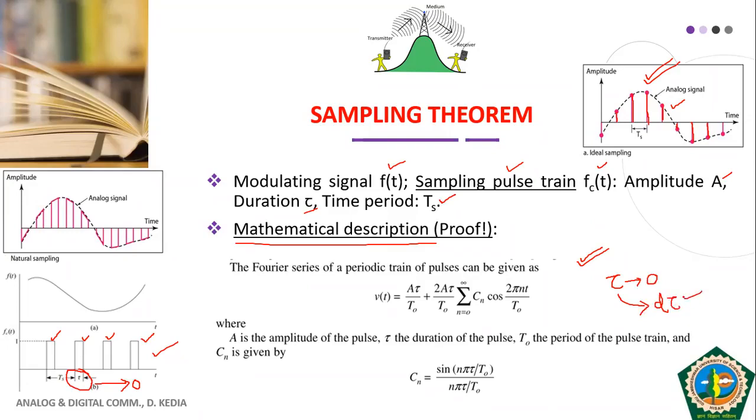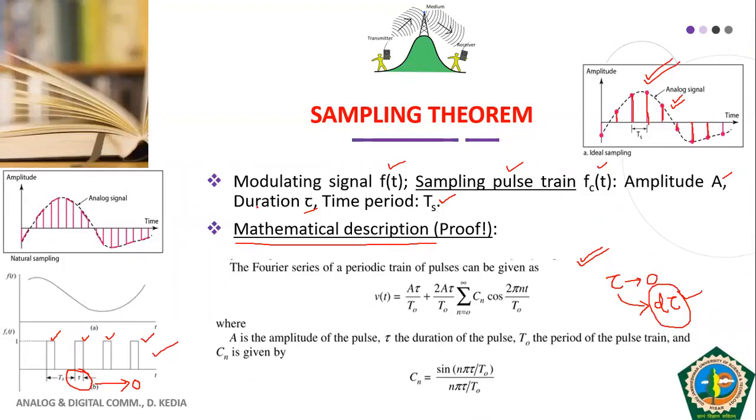All of you know differentiation or infinitely small component is d tau. So if you replace that, then that analysis applies to your impulses. For the sake of simplicity and for the sake of your understanding or practical concept, we are taking here pulse train instead of impulse train.